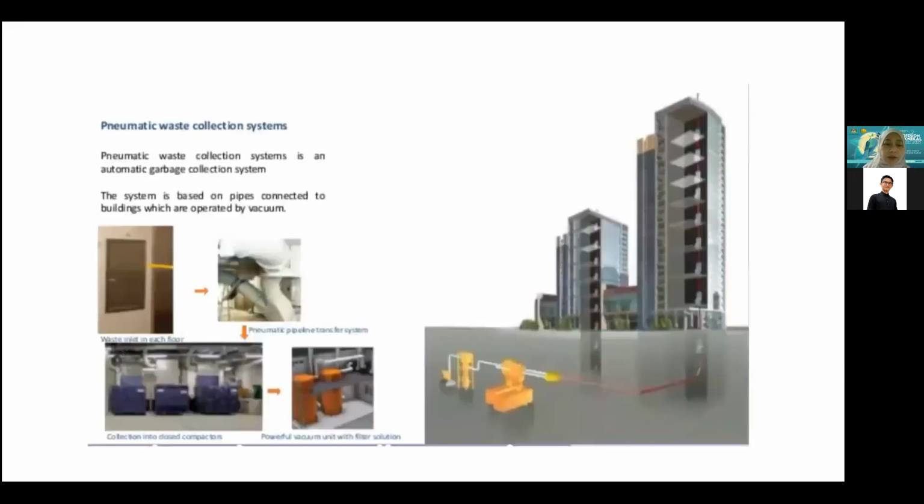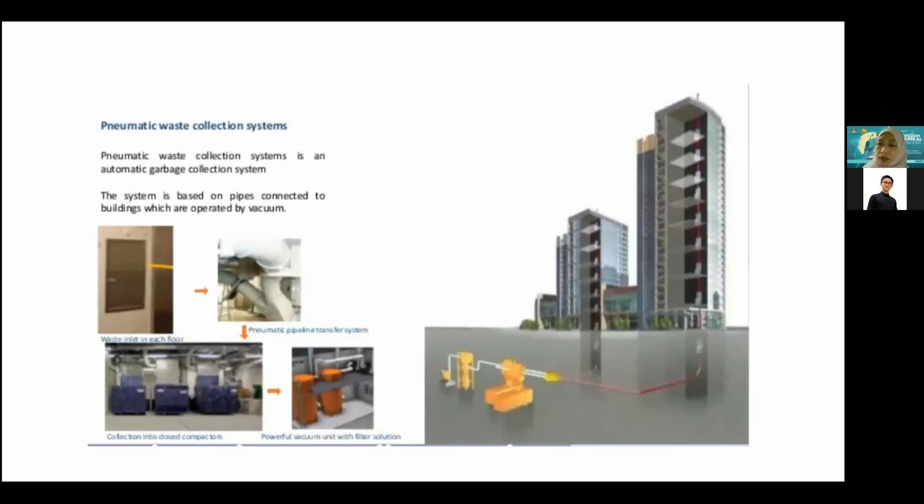Okay, this is the pneumatic waste collection system. It considers how to handle waste disposal. The system is based on pipes connected to buildings which are operated by vacuum. That is the system, but you still need the pipes. Where do you want to allocate the pipe? That is why the building must have a services area.